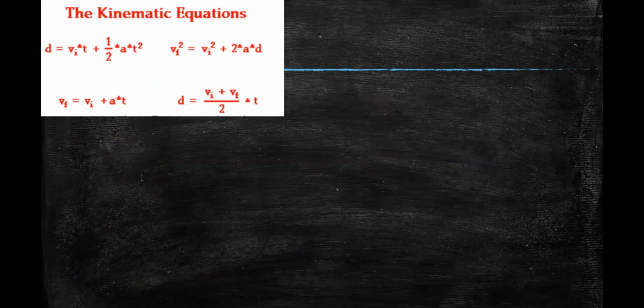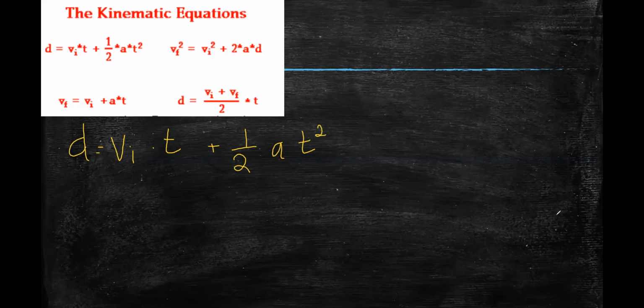Let's see them here. The first one, the displacement, or the distance, is equal to v initial times time, v initial t, plus half a t squared.